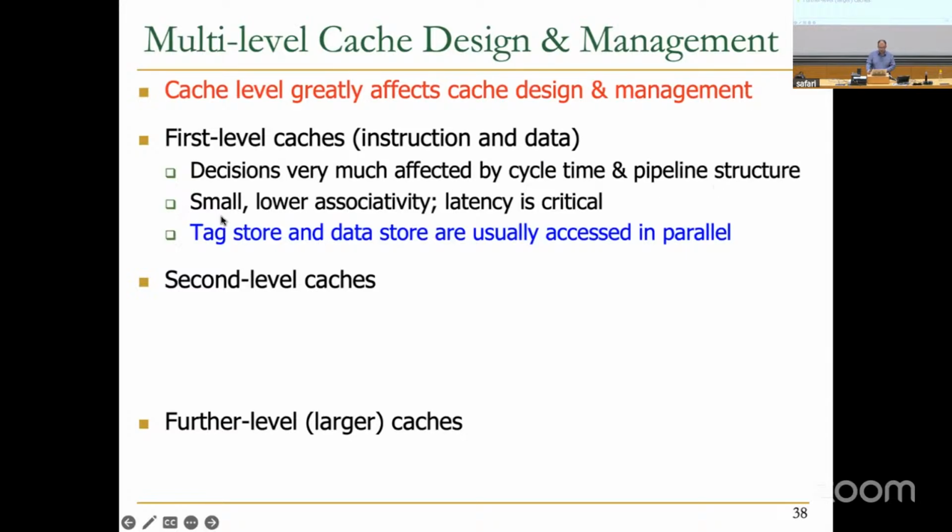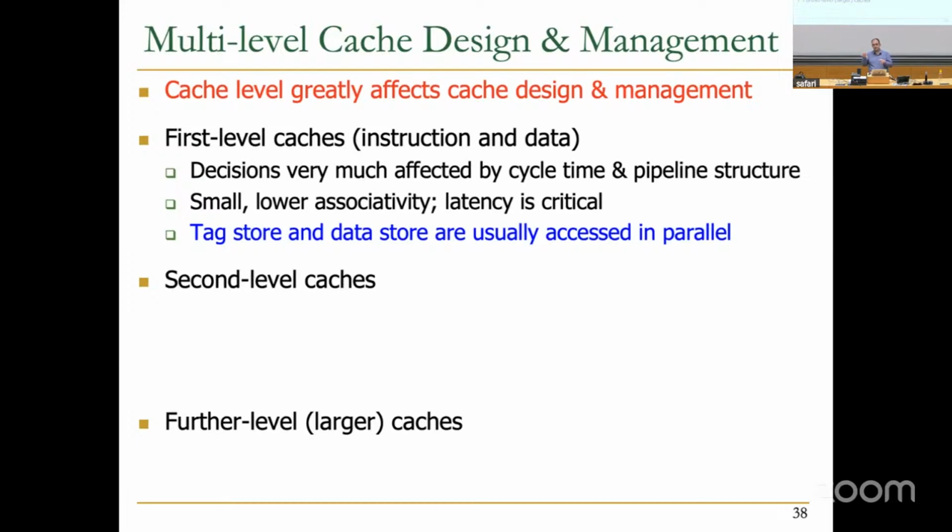In first level cache, we are small and we use lower associativity because, again, we want to have low access latency, because latency is critical for us. And tag store and data store are usually accessed in parallel. So basically, you access your tag store and also data store at the same time. If you hit in your tag store, then perfect, it's good.